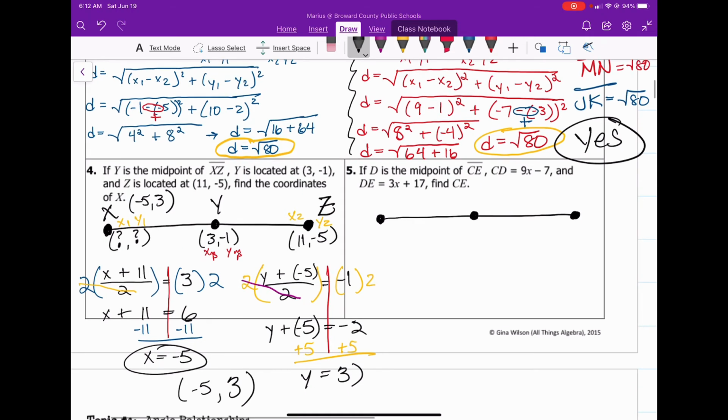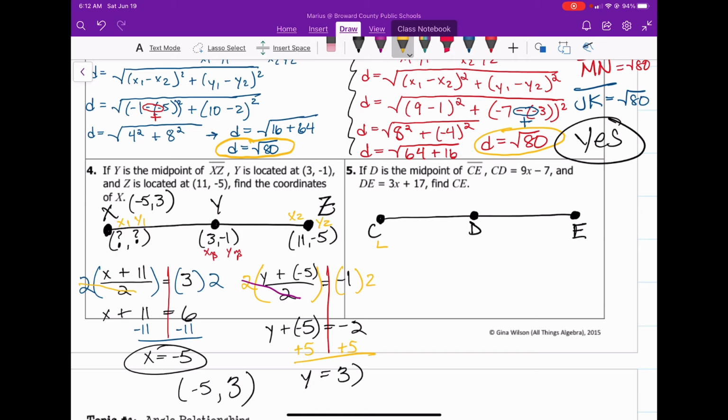So it says C and E are the endpoints, and D is the midpoint. They also tell us that CE, which is the entire thing, is 9. Oh, excuse me, not CE, but CD. So CD is just part of the diagram.